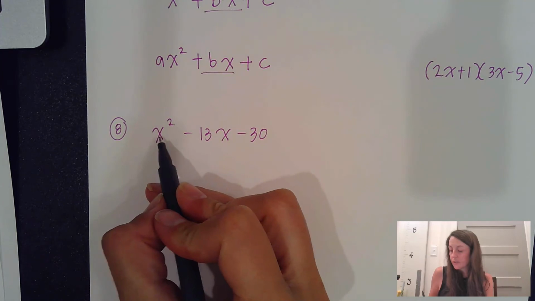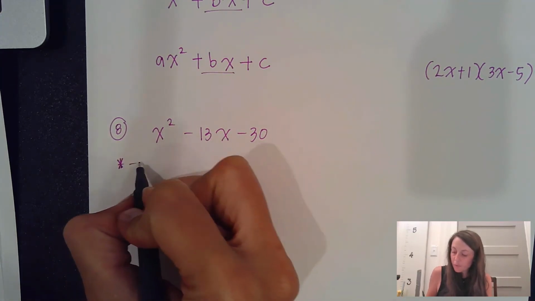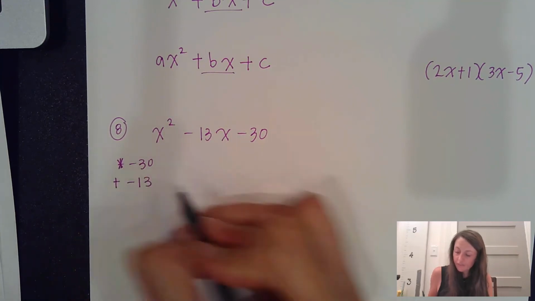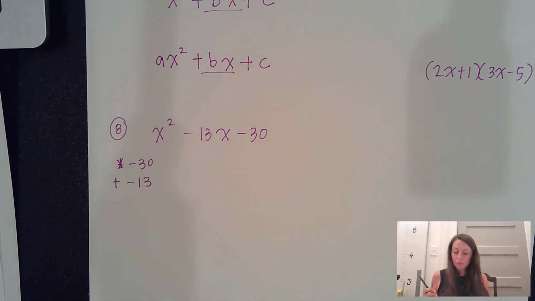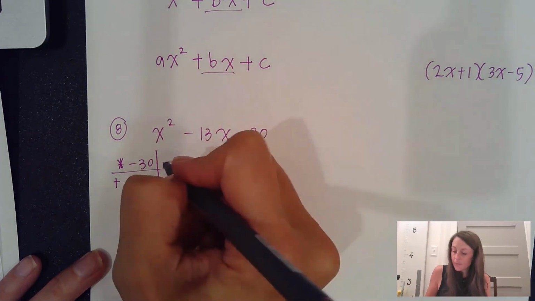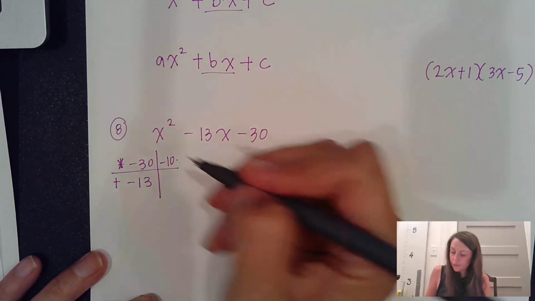So I've got x squared minus 13x minus 30. So I've got to figure out what multiplies together to give me a negative 30 and adds together to give me a negative 13. So that's going to be what? Negative 10. Oh, no, that's not right.